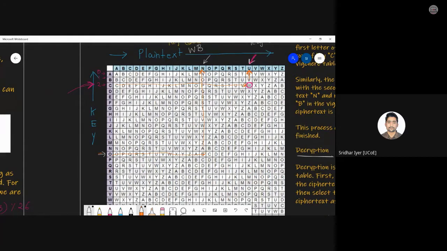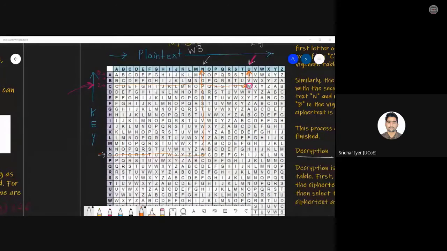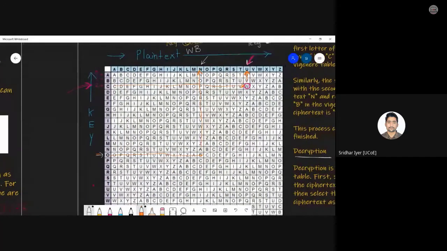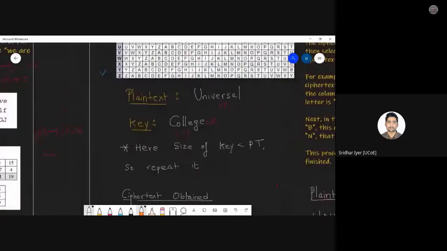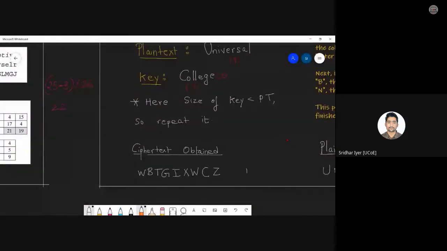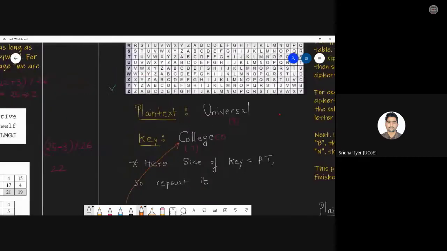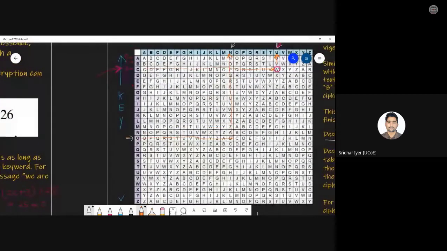Fine. Now is it clear? Okay, Deep, let me repeat it once again. Let's check this plain text and ciphertext. You got this ciphertext, right? Now consider the first ciphertext W and the key C. The key row is present over here, that is the C row.